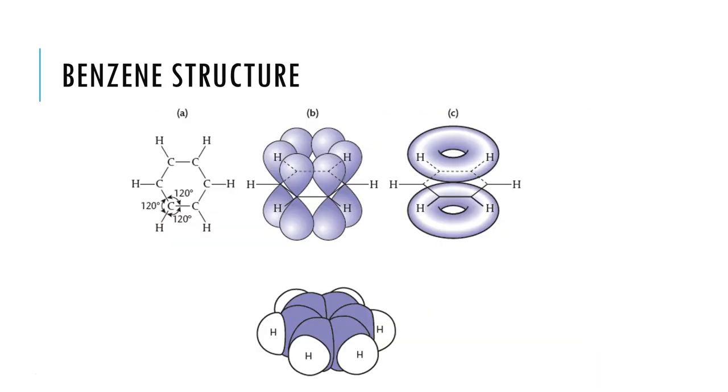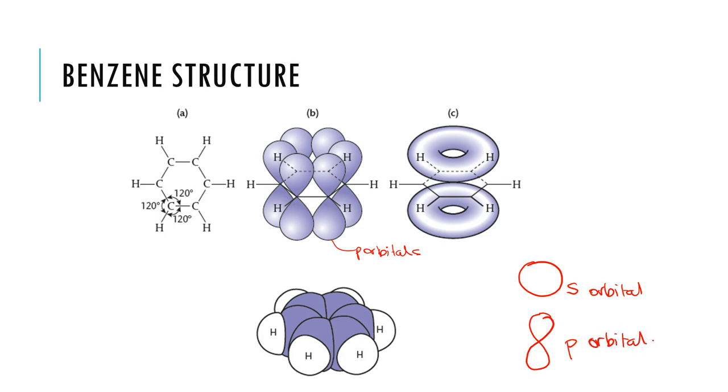So we can draw it in a couple of different ways. This is our 120 degrees around here, and then we have these p orbitals. Okay, so you may remember that our s orbital is round, like a sphere. So this is an s orbital, and then p orbitals have this bilobed shape.